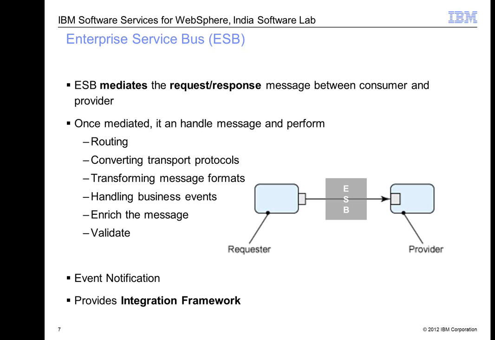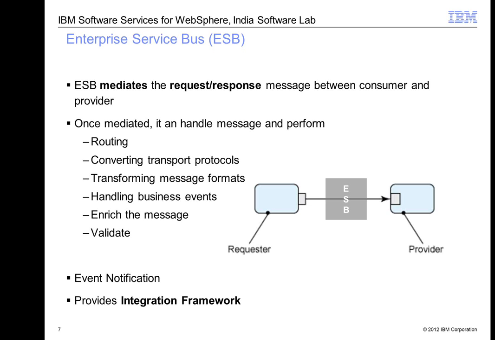Then there are products from IBM, for example, IBM's WebSphere Enterprise Service Bus, a J2EE based enterprise service bus, very good in handling the expectations mentioned on this slide deck. Then there's IBM WebSphere Message Broker, which is good when you have lots of messages and your message mediations are primarily messaging driven.